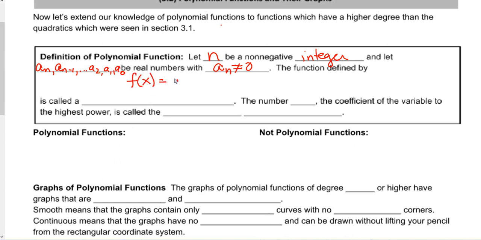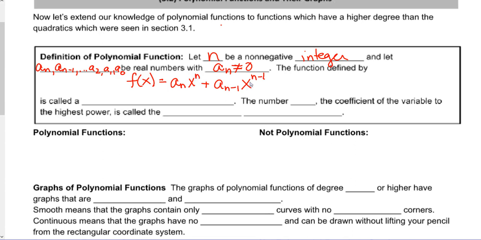f of x is equal to a sub n times x to the n. Add to that a sub n minus 1, which would be just a new number, times x to the n minus 1. Well, if this is n and this is n minus 1, this is 1 less than what we started with.